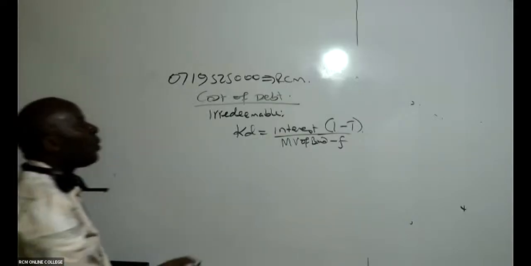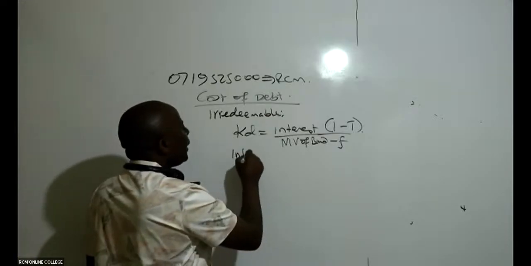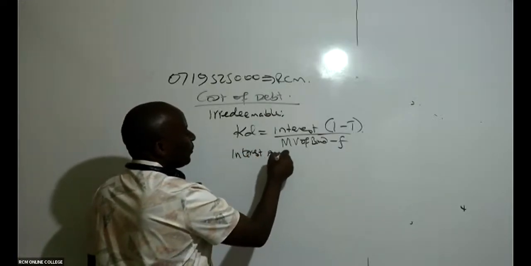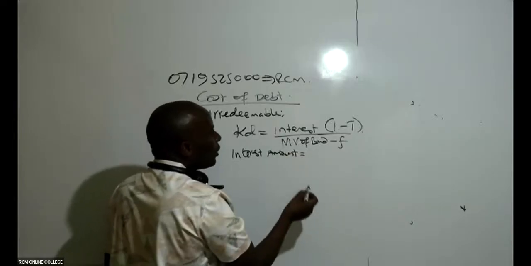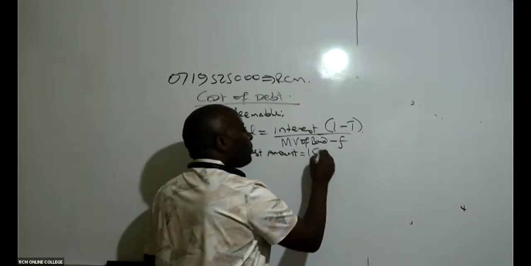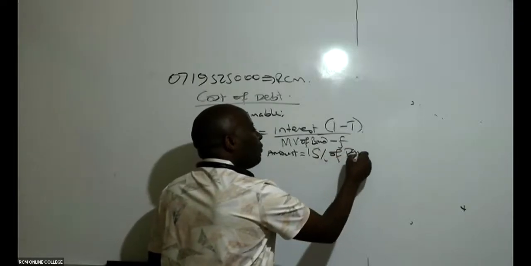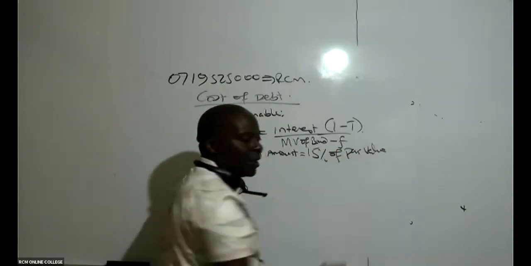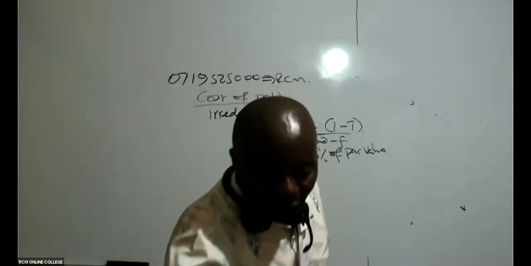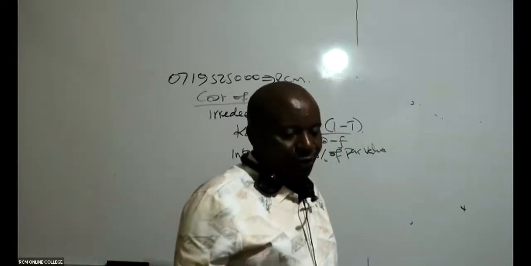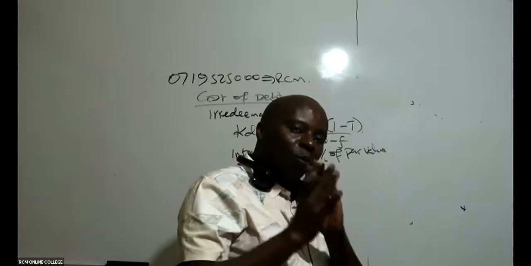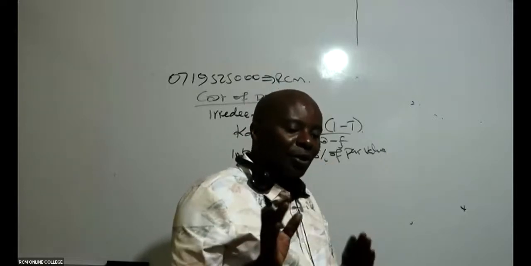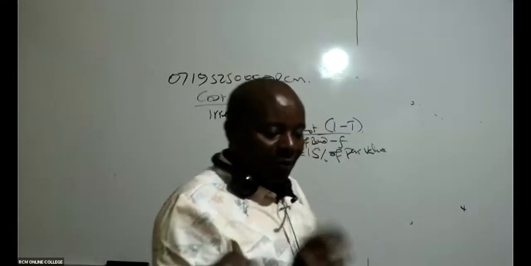Then the next thing I will do is compute the interest amount. This is very important, it confuses students. So for the interest amount, I've seen the rate of interest is 15%. So 15% of the par value. Remember, for the interest amount, you take the coupon rate times the par value.